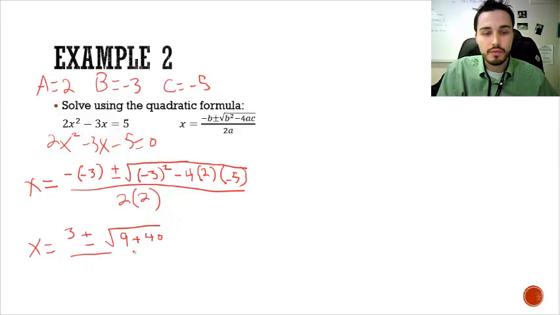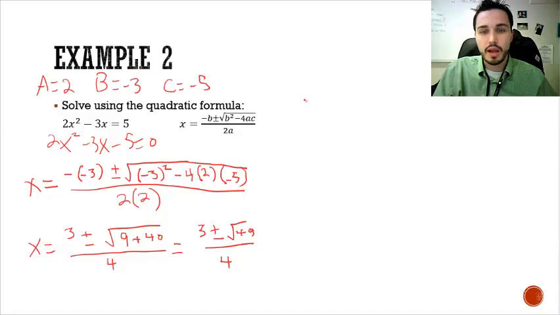And this is all over 2 times 2, which is 4. This would then simplify to 3 plus or minus the square root of 49 over 4. Well, once again, by coincidence here, it looks like the square root of 49 is 7, so I've got x equals 3 plus or minus 7 over 4.